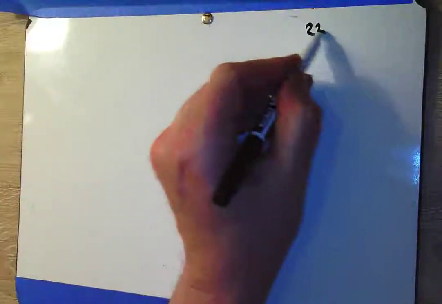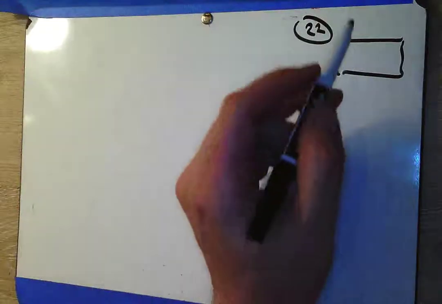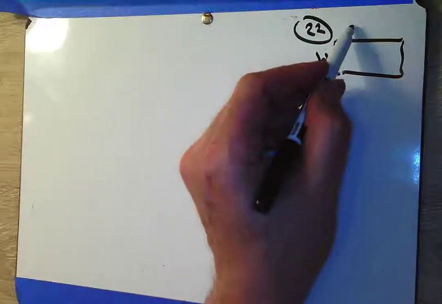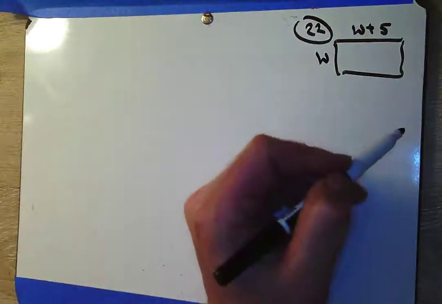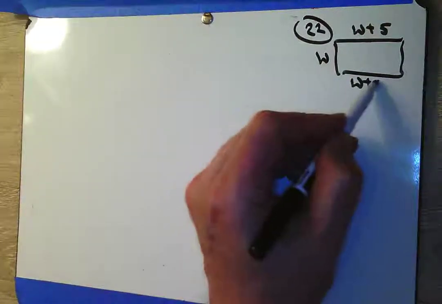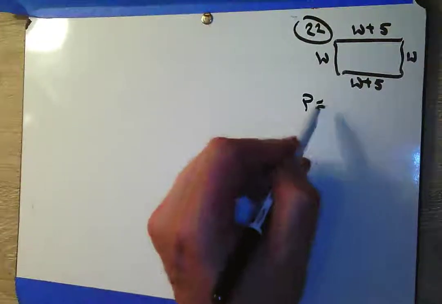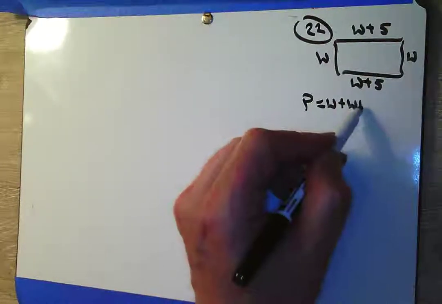22. The length of a rectangle is 5 inches longer than the width. The perimeter of the rectangle is 40. Well, we know that perimeter is adding up all the sides.